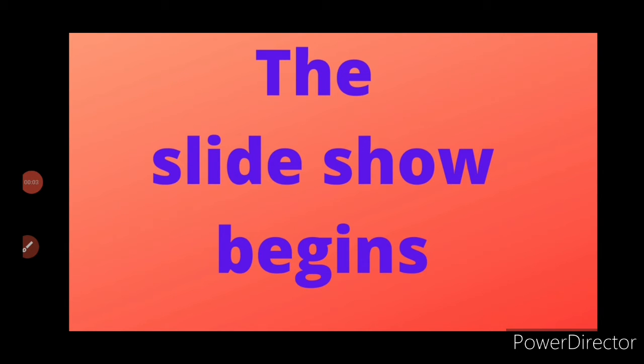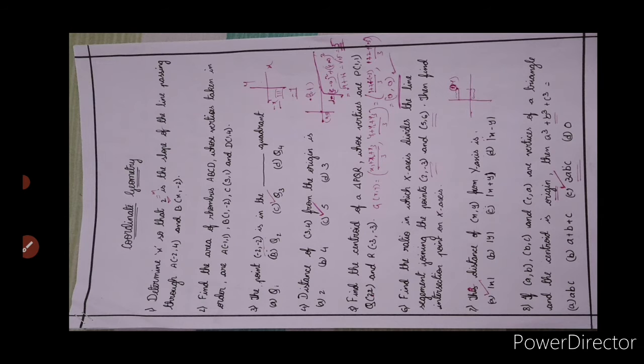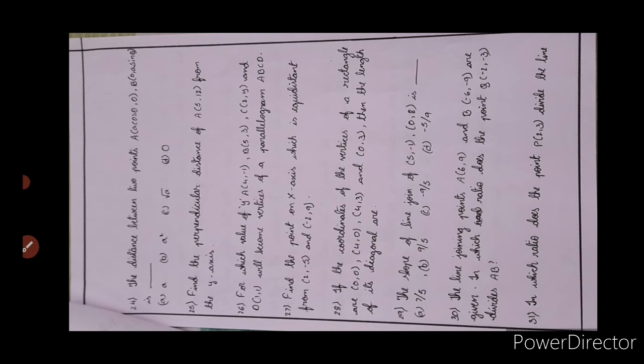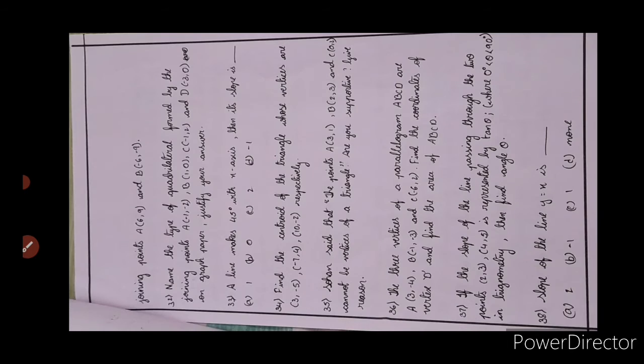Students, this is the beginning of the slideshow of the worksheet. Sheet 1, sheet 2, sheet 3, sheet 4, sheet 5, and in sheet 5, please remember the 36th problem.